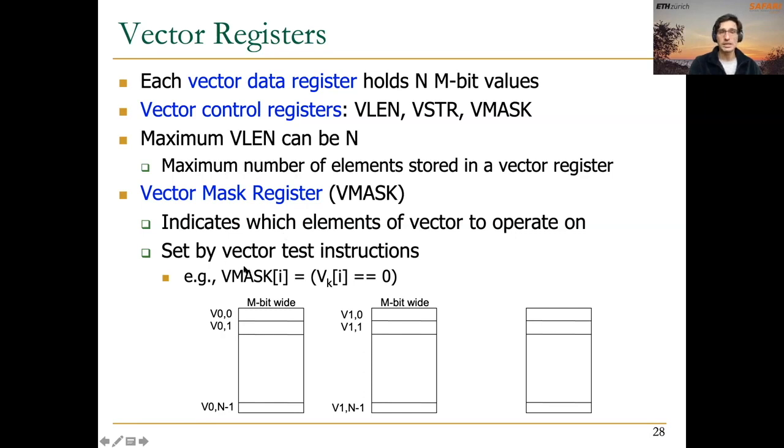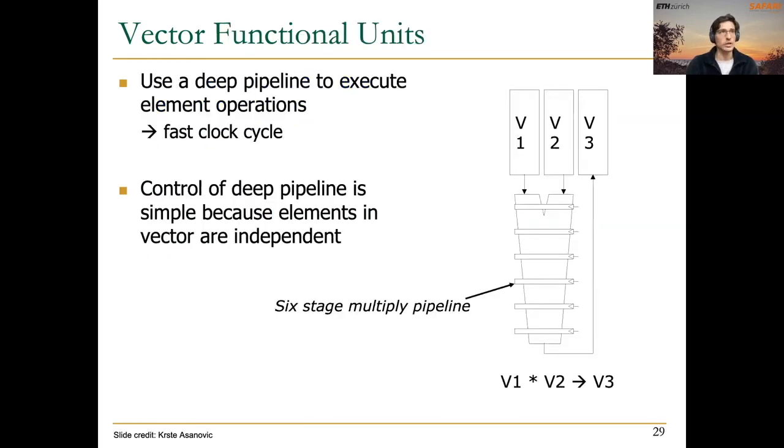The vector mask is just like a bitmap, each bit representing each of the vector lanes, and depending on its value, 0 or 1, the actual operation will happen or not, or the actual final result will be written to the destination register or not. We will see the example later.